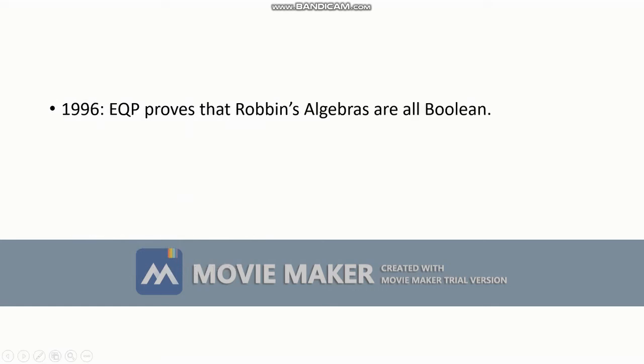After going through such a rough phase, finally the first success for AI came in 1996 when a machine proved the theorem EQP, which proved that Robbins algebras are all Boolean. So it was done by a machine.